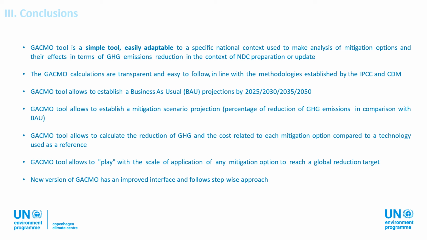GACMO tool allows to calculate the reduction of greenhouse gas emissions and the cost related to each mitigation option compared to the technology used as a reference. GACMO tool allows to play with the scale of application of any mitigation option to reach global reduction target. New version of the GACMO tool has an improved interface and follows stepwise approach.